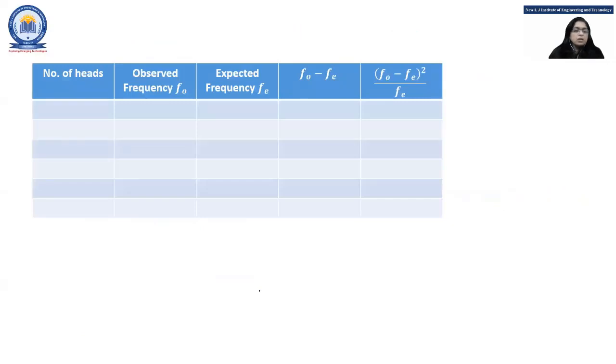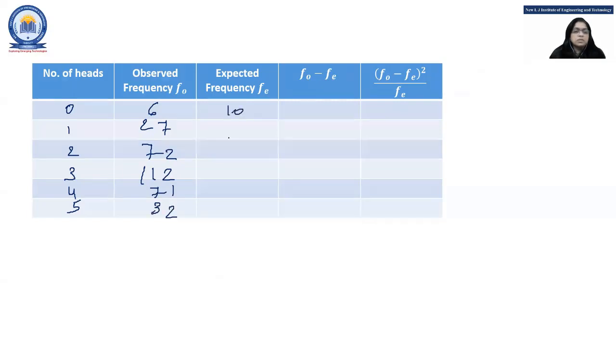Now, number of heads here is 0, 1, 2, 3, 4 and 5. Observed frequency, which is already given, is 6, 27, 72, 112, 71, and the last one is 32.